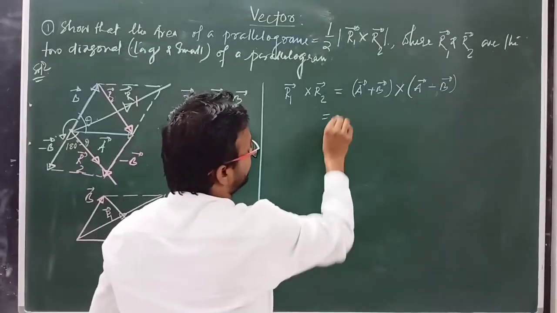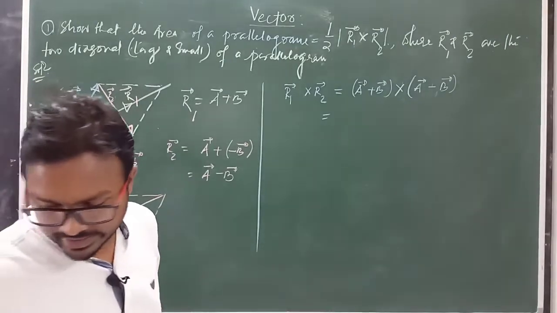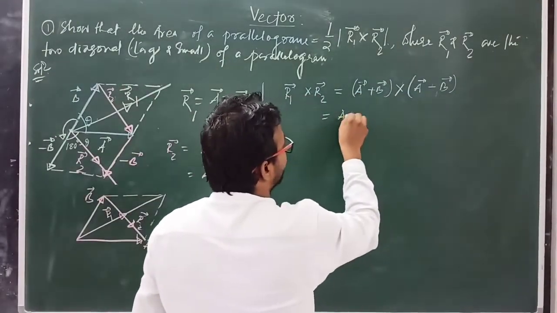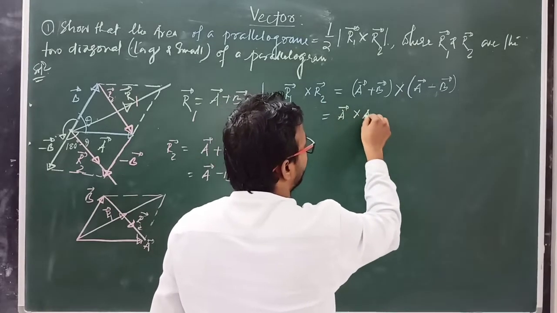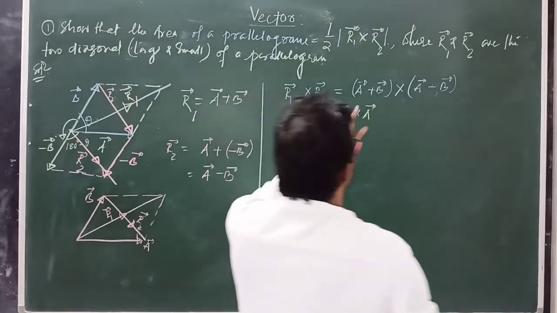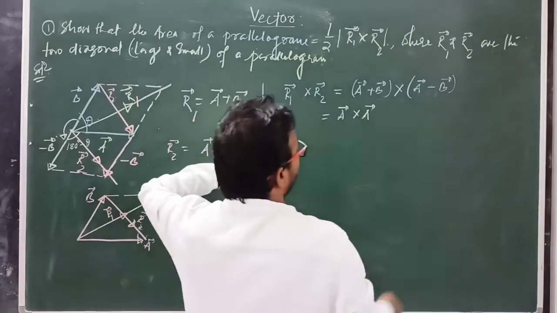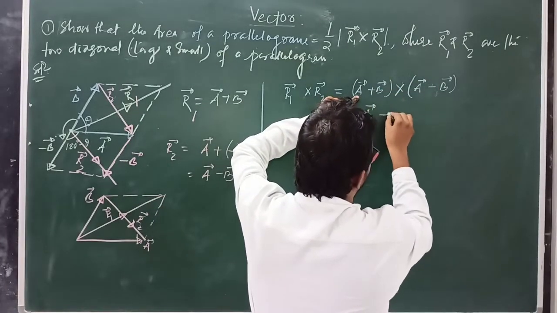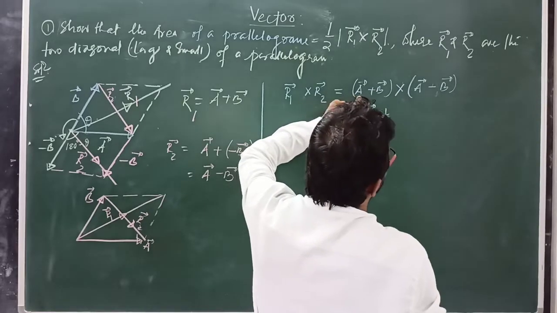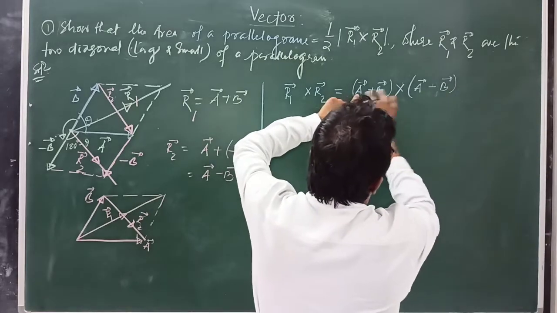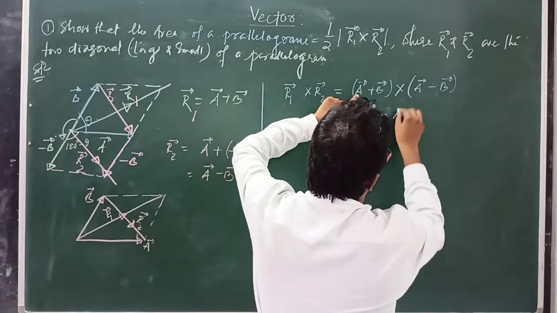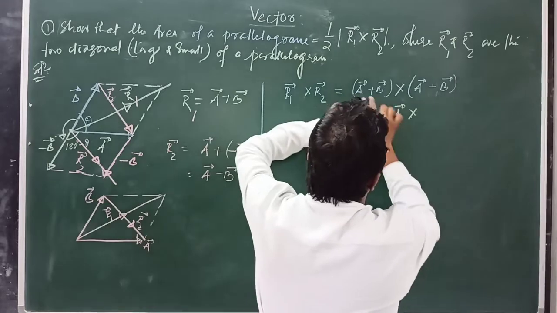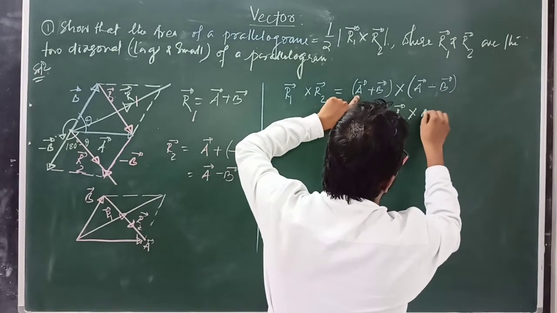Now solve this relation. Using the distributive law, we get a cross a, similarly a cross, here with a negative sign, minus of a cross b.